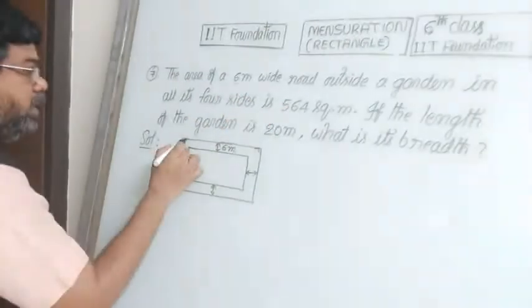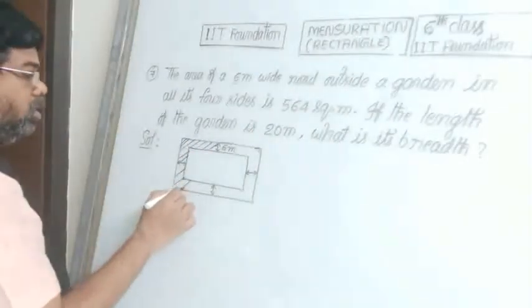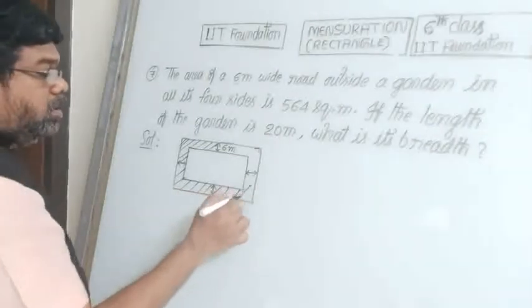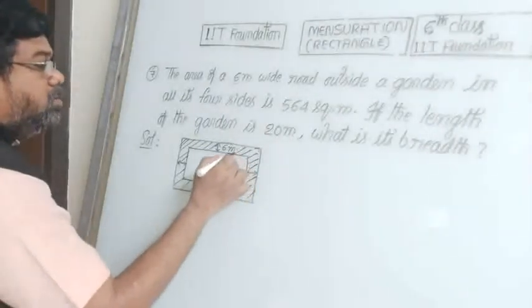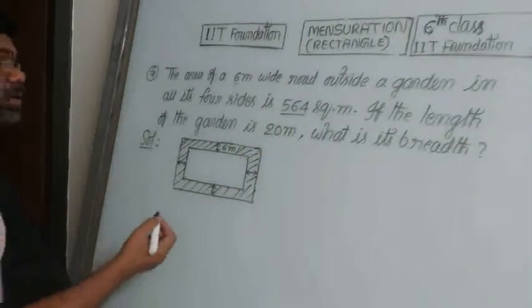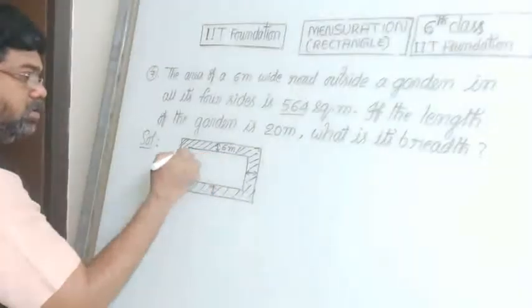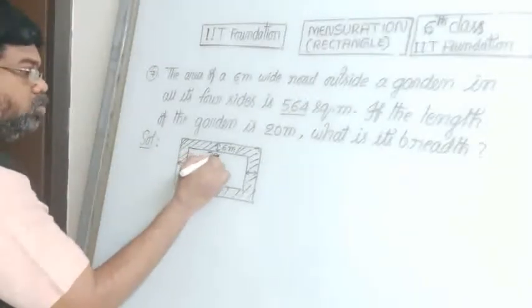And its area is also given. What is the area? 564 square meters. If the length of the garden is 20 meters, so the garden length is also given, 20 meter.